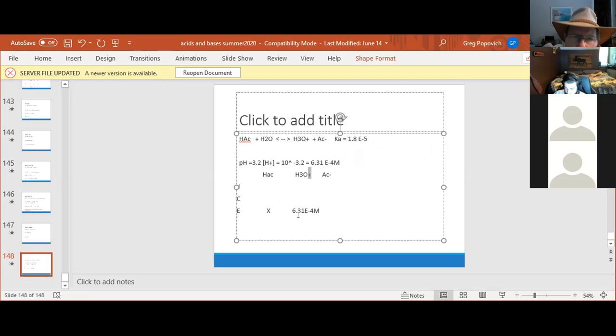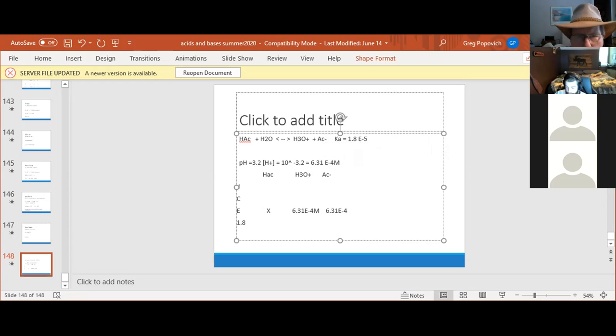But what you have to realize is if I've made 1 mole of this, I've made 1 mole of this. So the concentration of the Ac minus and the H3O+ are the same. Oh, okay, I think that's the part I misunderstood.